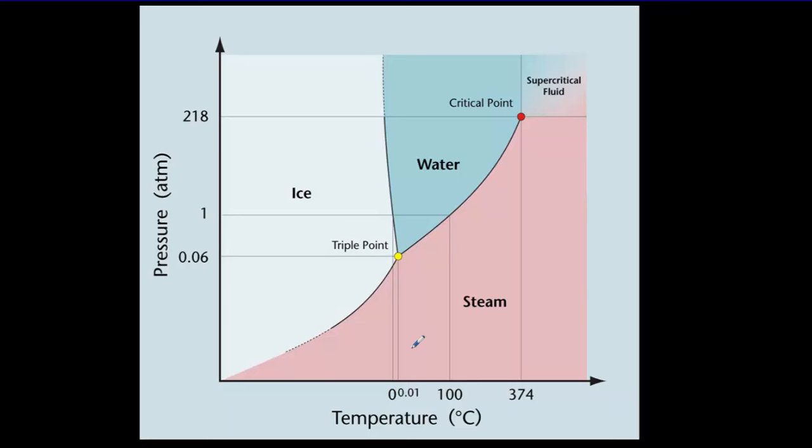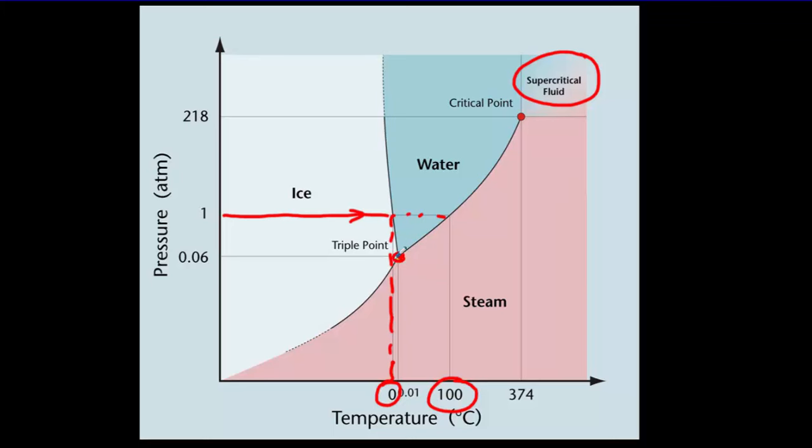So here's a phase diagram for water. So right here we're at atmospheric pressure, and of course that gives us our melting point of 0 degrees Celsius. And if we run into the other curve, of course here we get the boiling point. Up here at high pressures and temperatures we get that supercritical fluid where you can't distinguish between the liquid and the gas. The liquid and the gas are the same thing.